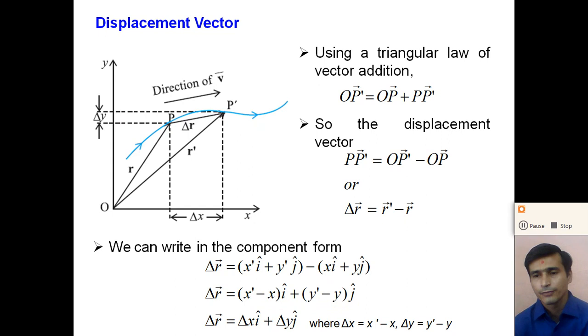And now if you want to calculate the magnitude of the displacement vector, how can we find it? The magnitude of the displacement vector can be easily calculated as the square root of the sum of the squares of the components, right? We discussed that in the previous video, how to calculate the magnitude of a vector. So understand, dear student, what the position vector is and what the displacement vector is.